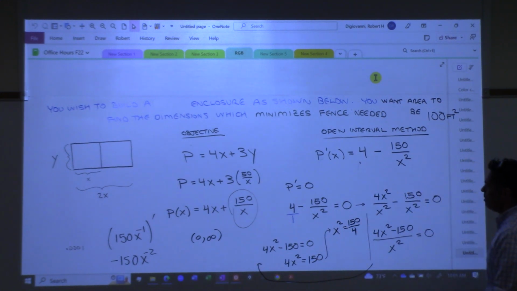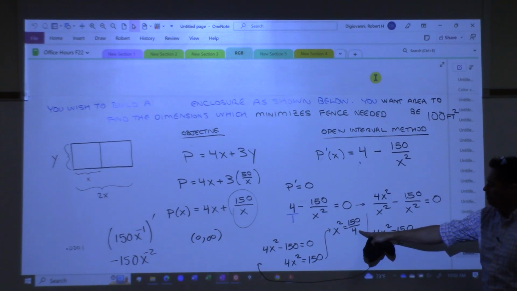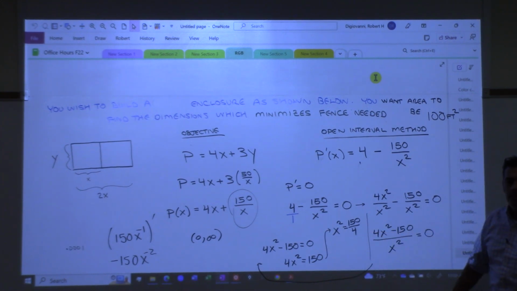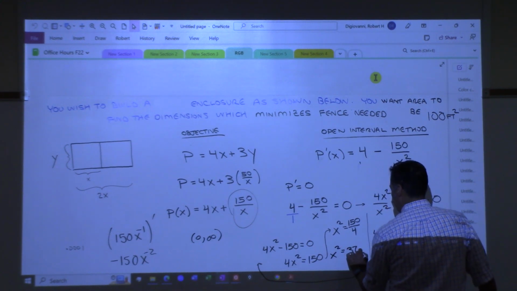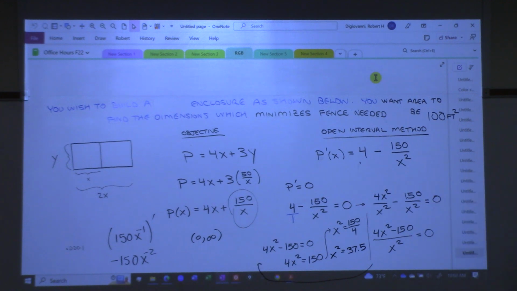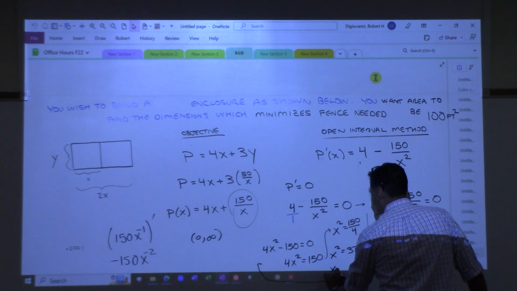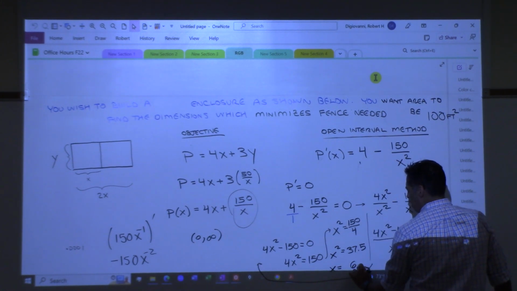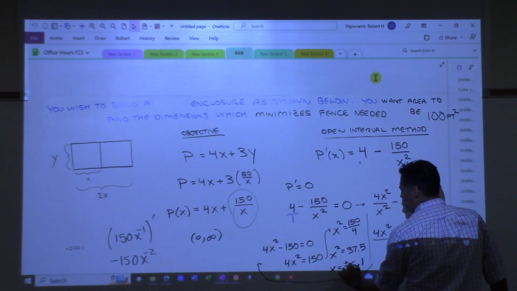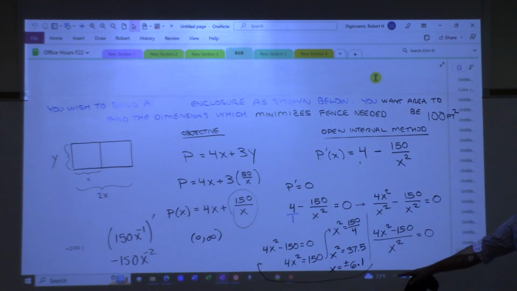Sorry, I'm trying to squeeze this all in here. 150 divided by 4, that doesn't reduce, but what is this side as a decimal? 37.5. X squared is 37.5. And now take the square root. X is what? 6.1? Plus or minus, right? Because we took the square root. Plus or minus 6.1.